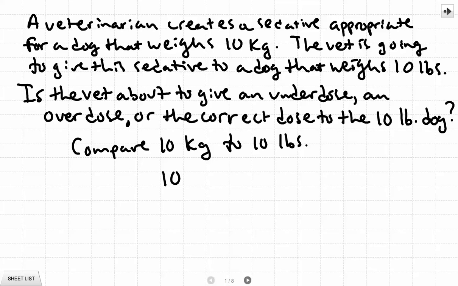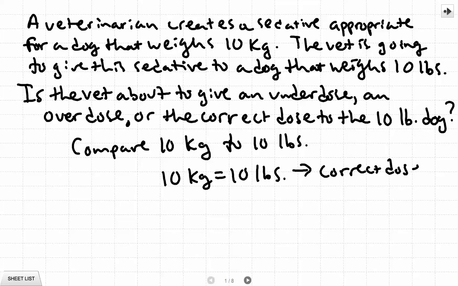If 10 kilograms is the same as 10 pounds, then there's no problem. Right? If 10 kilograms is equal to 10 pounds, so there's no difference between pounds and kilograms, then there's no problem. It will be a correct dose.